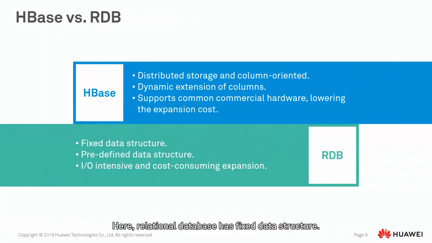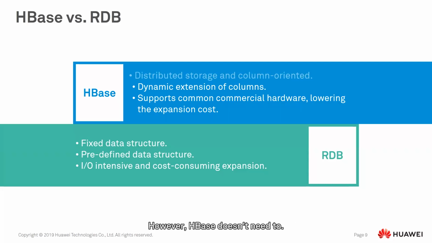Here, a relational database has a fixed data structure. What does it mean? For example, we have a table with employee data. The columns include ID, name, phone, and address, and the attributes of each column are all fixed. So we need to predefine the data structure before we put actual values into the table. However, HBase doesn't need to.